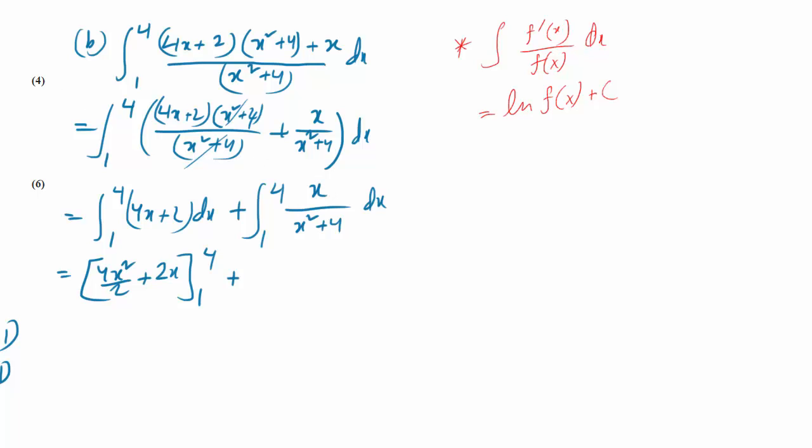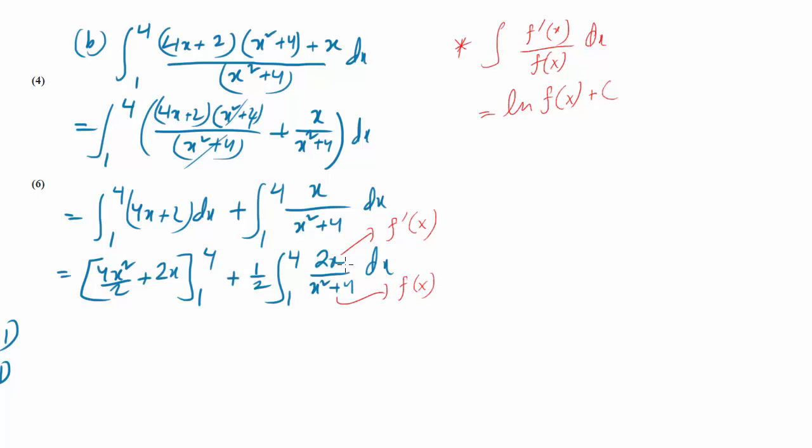We can change the format and write it as half integral 1 to 4 of 2x over x squared plus 4 dx, so that this 2 and this 2 cancels off, and this becomes the f prime x over fx format. Now if you notice, this one is f prime x and this one is fx.